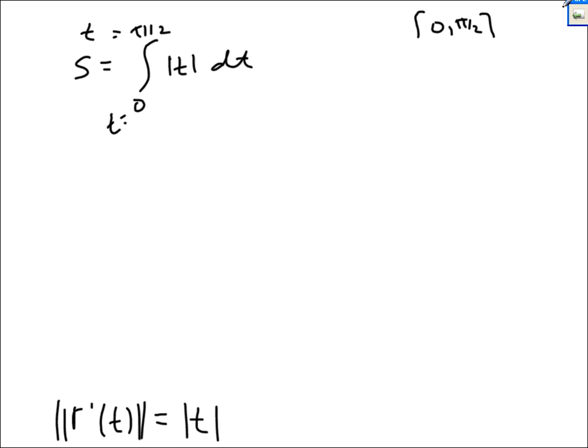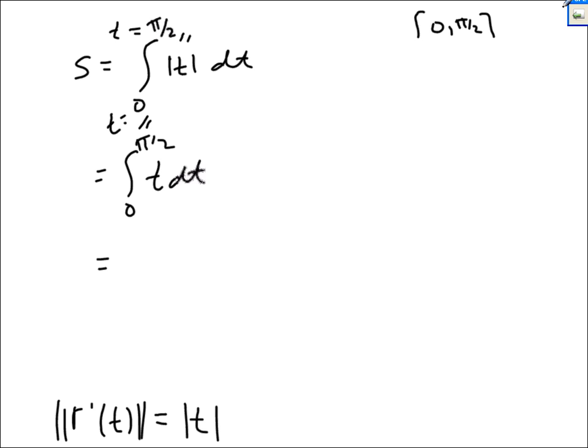And for all values in between 0 and pi over 2, t is either 0 or positive. That is, the absolute value of t in this interval is just t. Because I'm integrating across positive numbers. You go from 0 to pi over 2, you're never negative.